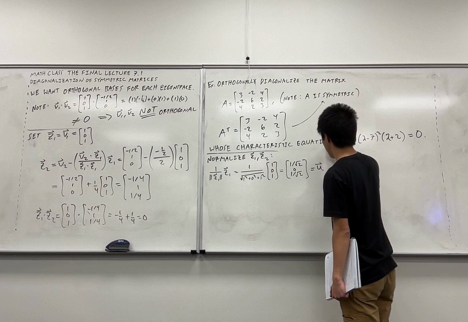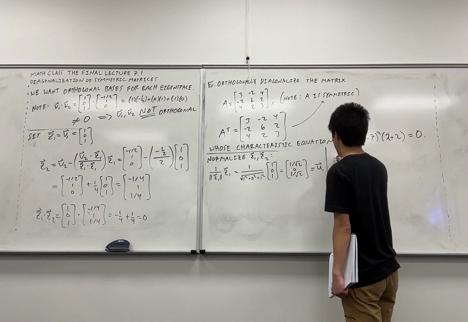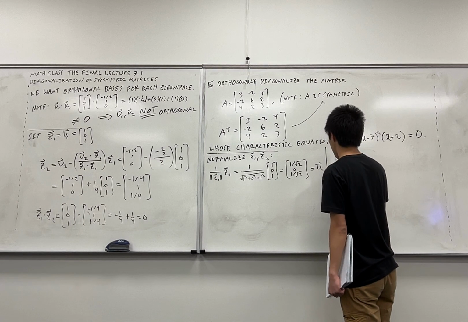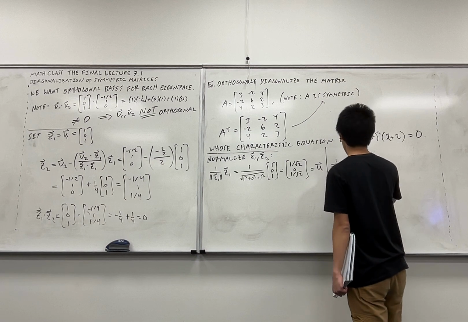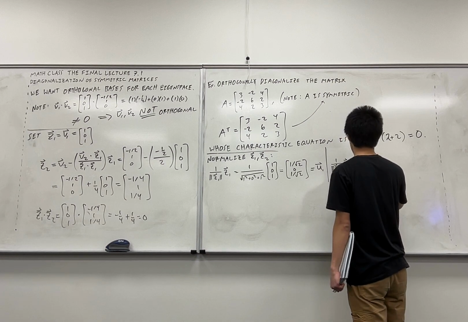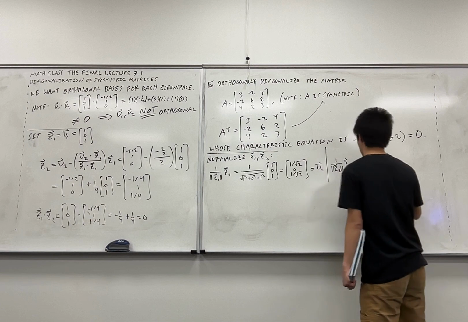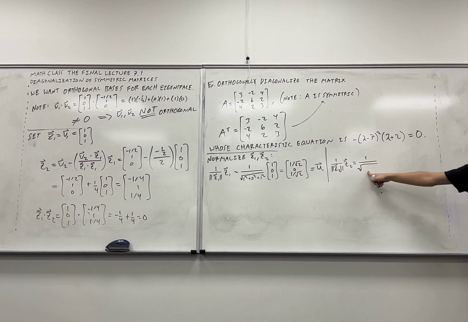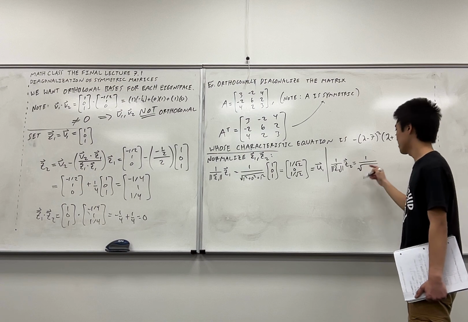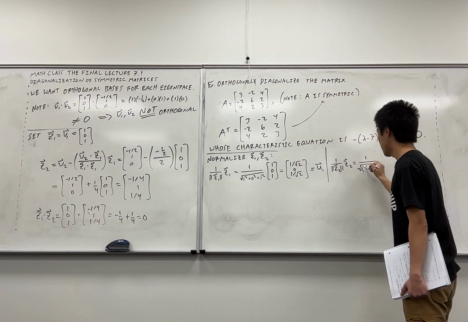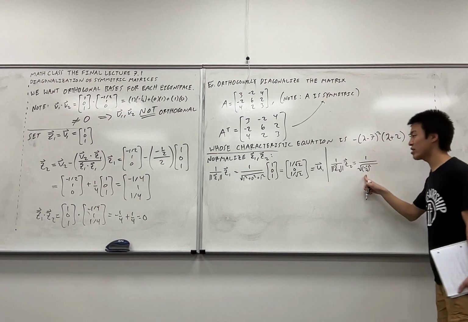And now let's do the other one. So 1 over the length of Z2 times Z2 is 1 over the square root of what? What am I putting in here? Wait, that's wrong. Minus 1/4 squared. Don't forget to square the component.